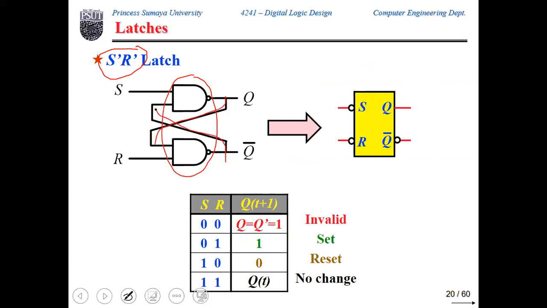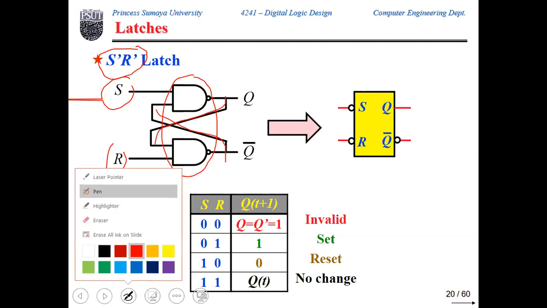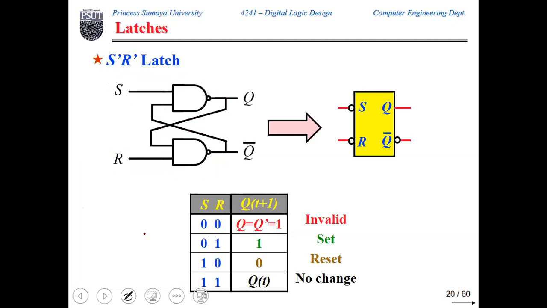The same idea. We have two inputs, the set input and the R input, with S at the top and R at the bottom. If you analyze this circuit later, the same way we did for the SR latch, you will come up with this table. 1, 1 for S and R implies no change, 1, 0 implies reset, 0, 1 implies set.